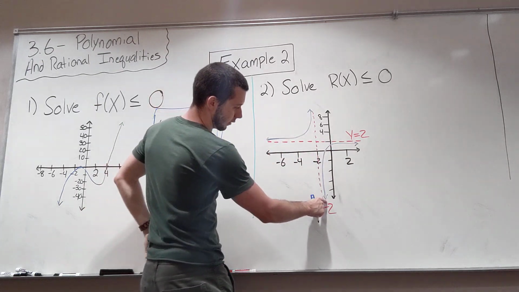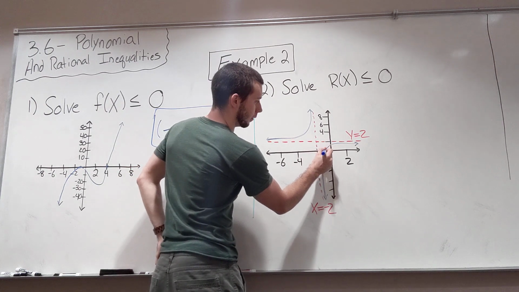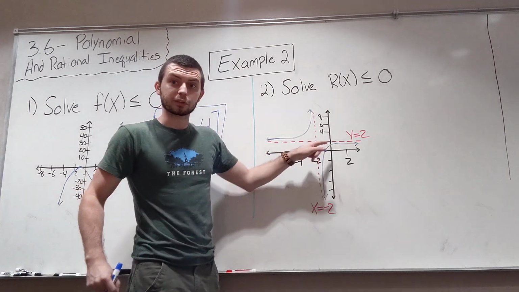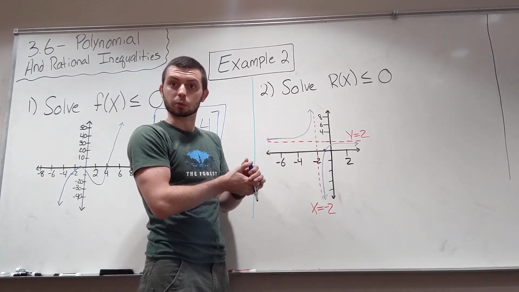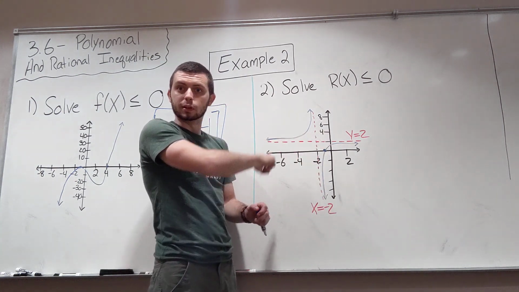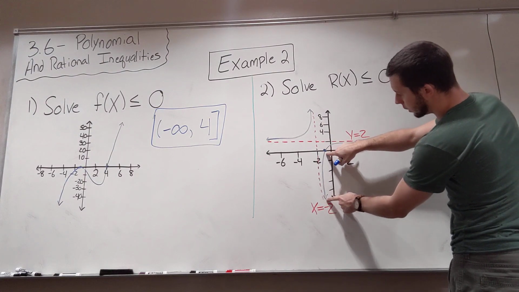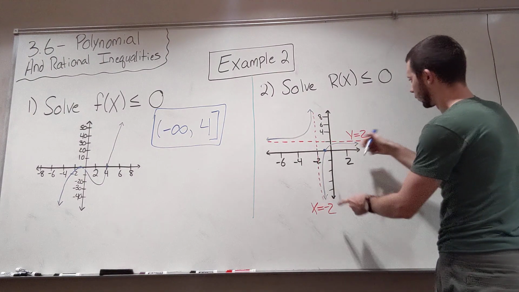We notice that this segment starting from here all the way to this point right here, this is the only segment on this whole entire graph that is below or equal to the x-axis. So that segmentation is now what we need to denote. So this segment right here, this is the only segment on the whole graph that is below the x-axis.